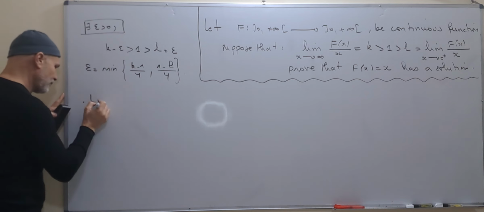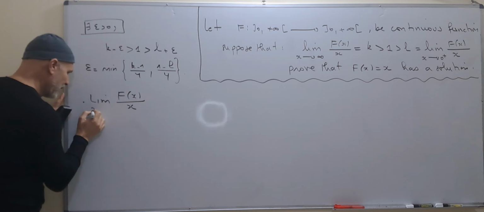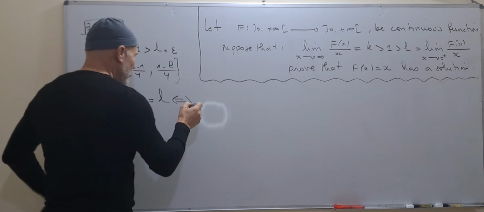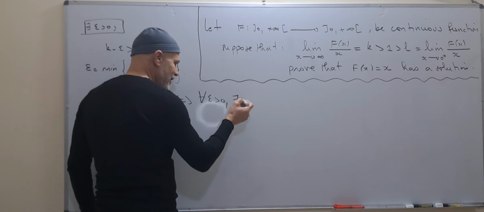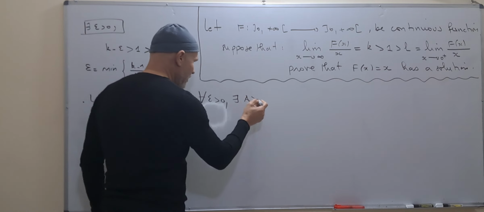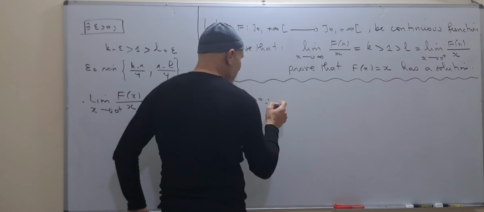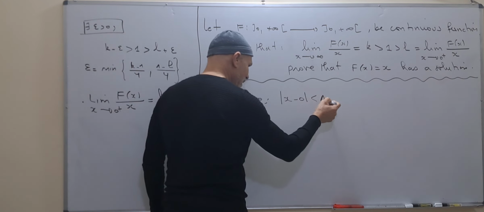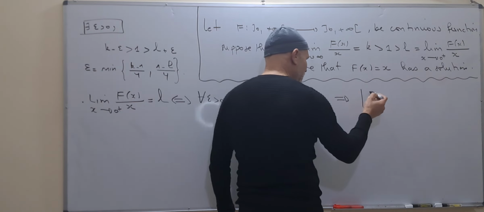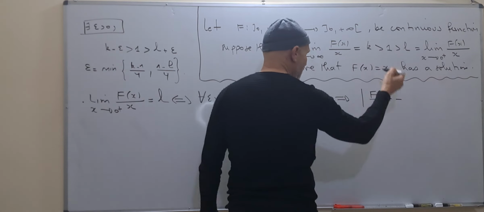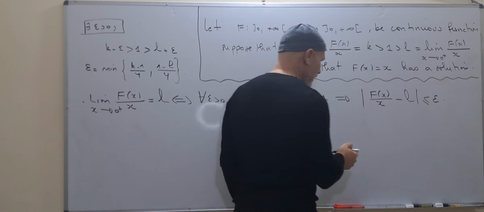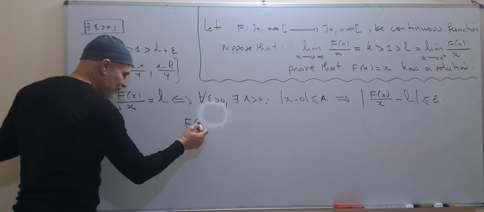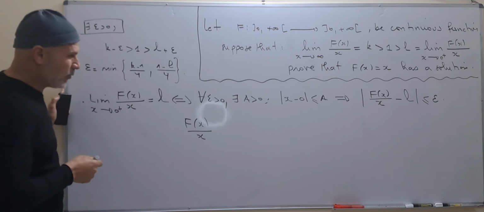The limit of f of x over x when x goes to 0 plus equals L. This is equivalent to, for all epsilon greater than 0, there exists A greater than 0 such that for all x in the domain of definition which verifies absolute value of x minus 0 less than or equal to A, this implies that the absolute value of f of x over x minus L is less than or equal to epsilon.